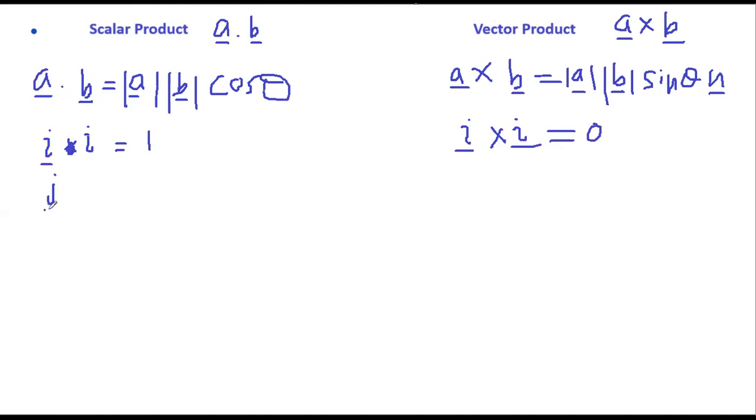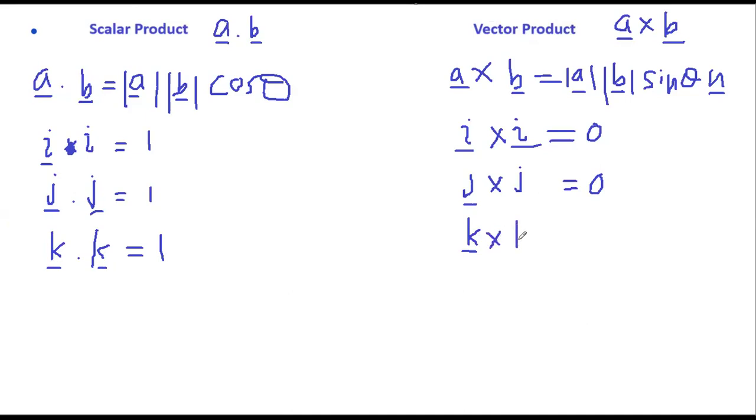J dot J equals 1 for the scalar product, but J cross J equals 0 for the vector product. For scalar product, K dot K equals 1, but vector product, K cross K equals 0.